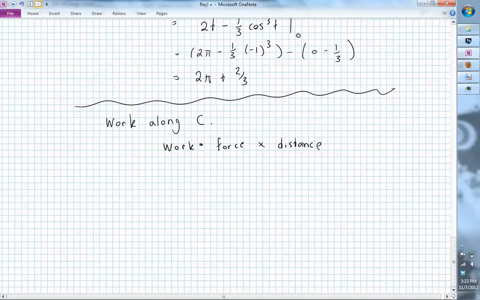And that is not a cross product, it's just multiplication. Force times distance. What we're going to use for distance in this context is just ds, the little piece of arc length. Work over here is just, I'll call it dw. It's a tiny little piece of work, dw.